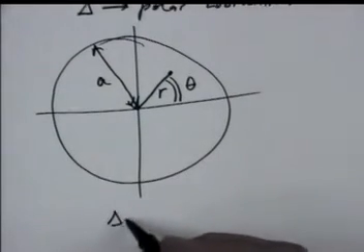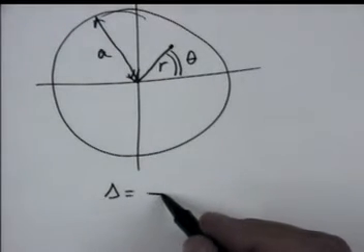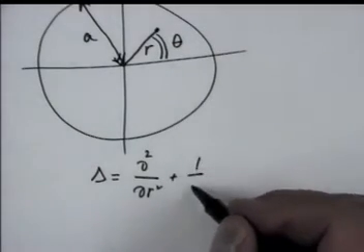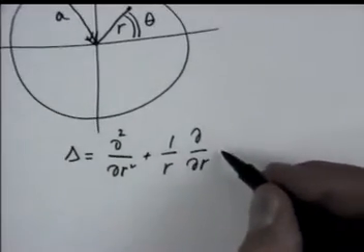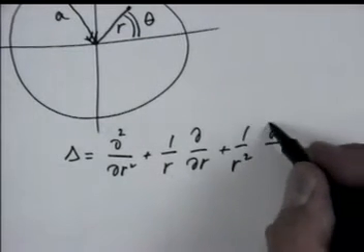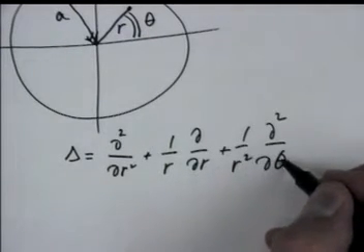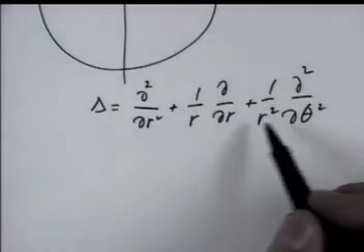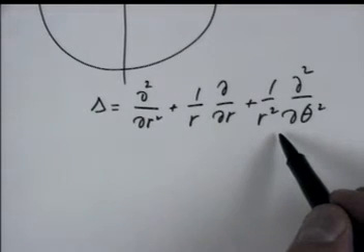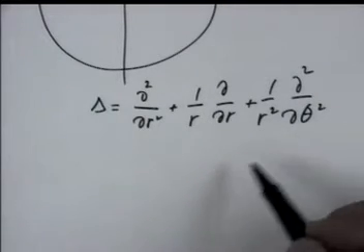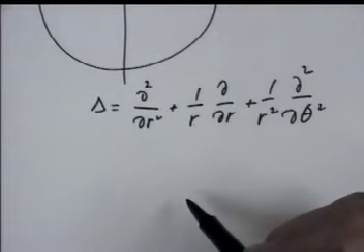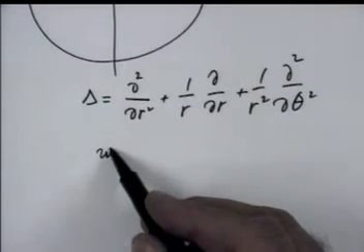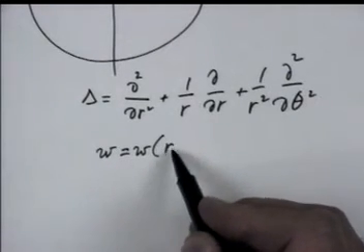So the Laplace operator is written as d2 dr squared plus 1 over r d dr plus 1 over r squared d2 d theta squared. That is how the Laplace operator is written in the polar coordinate system. That is not written here in this book. Now w is a function of r and theta.